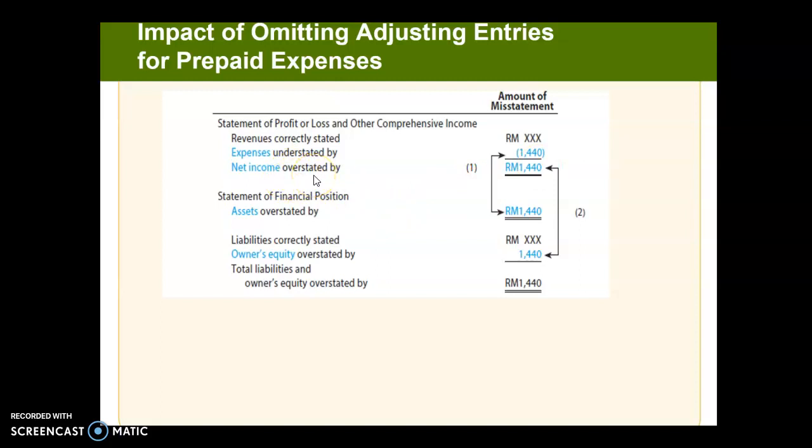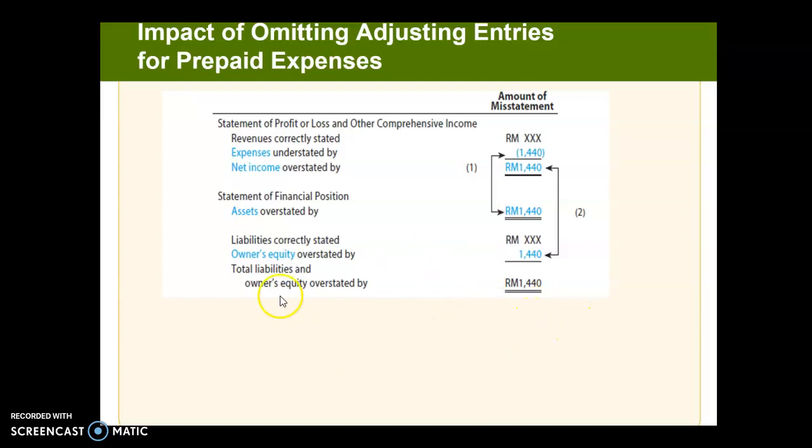Okay, right. So in order to have the right picture, we have to record the expenses and we have to do the adjusting entries. Okay, I hope these slides explain why we need to record the adjusting entries.